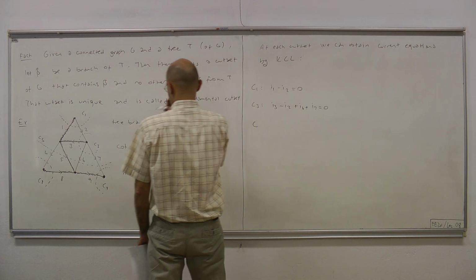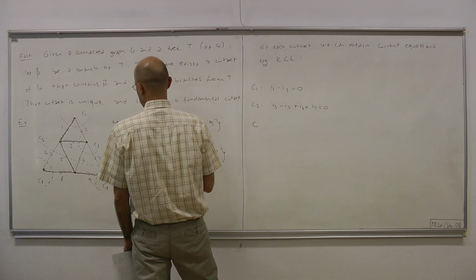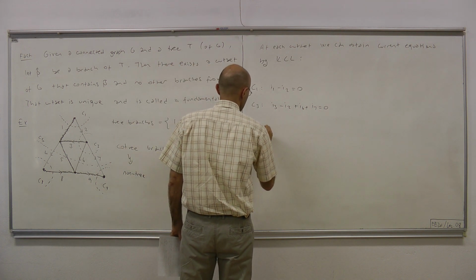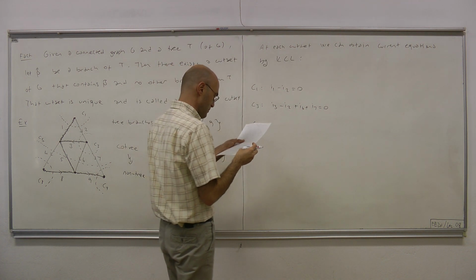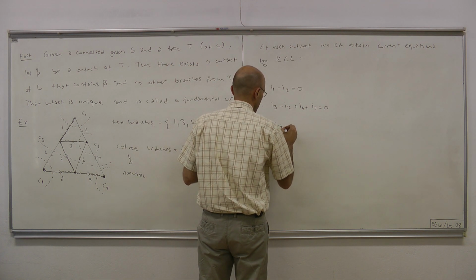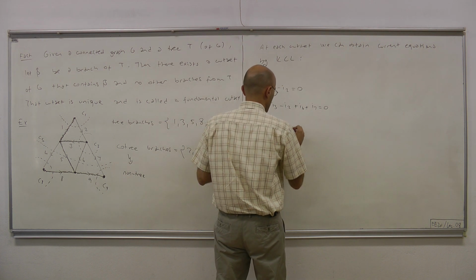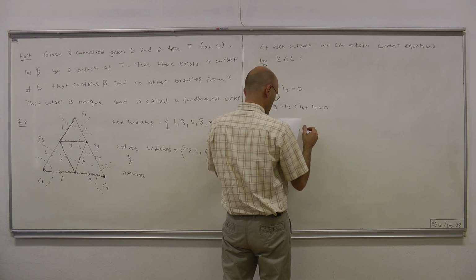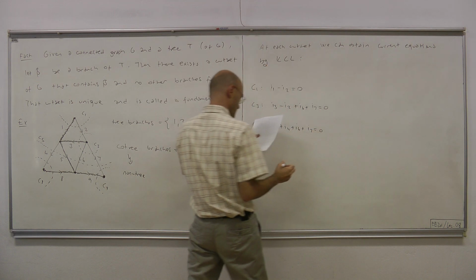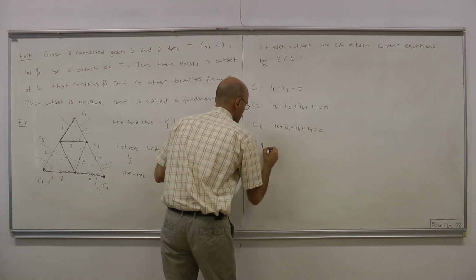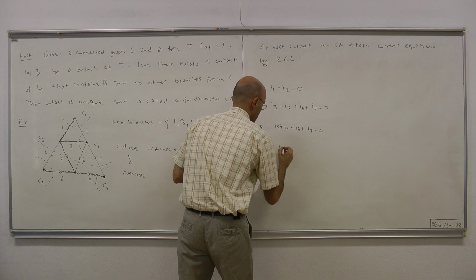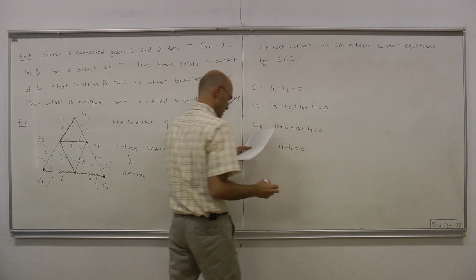And C5, let me quickly write down the remaining ones. I5 plus I4 plus I6 plus I7 equals 0. C8, I8 minus I4 equals 0.